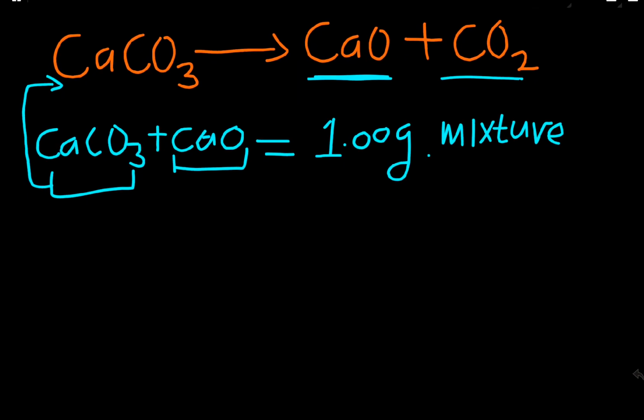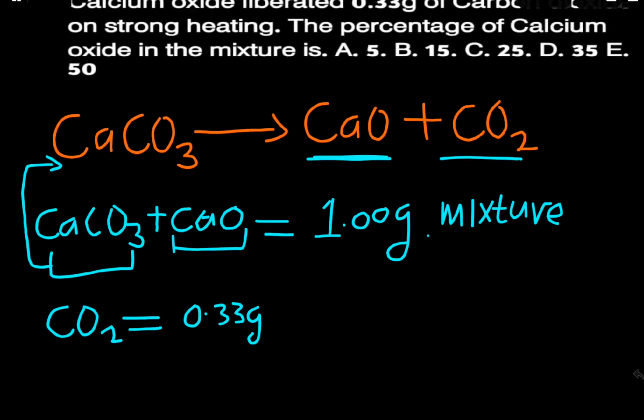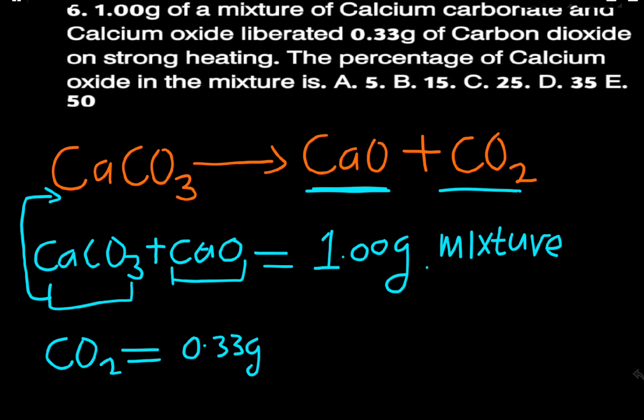So I'm just going to start solving. Carbon 4 oxide, CO2, was given to be 0.33 grams. On strong heating, the percentage of calcium oxide in the mixture is dash.